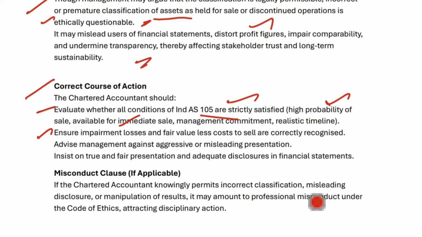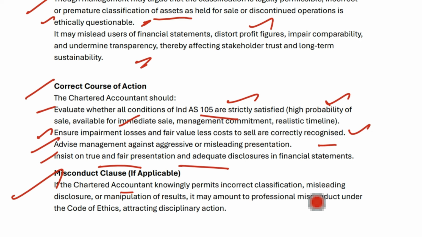Ensure the impairment loss and fair value less cost to sell are correctly recognized. Advise the management against aggressive or misleading presentation; we should not do like that. Insist on the true and fair presentation and adequate disclosures in the financial statements.